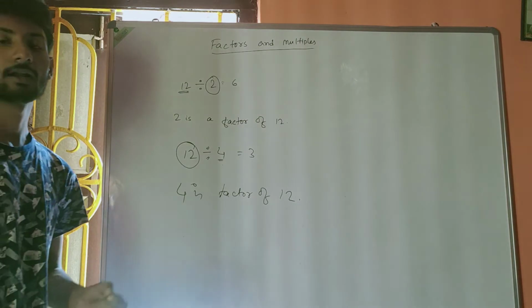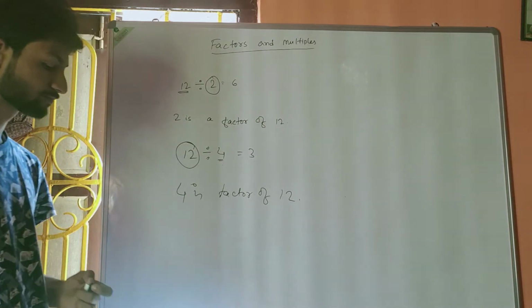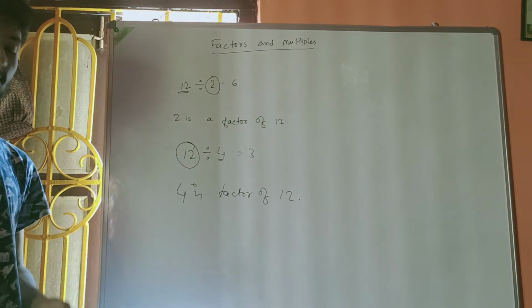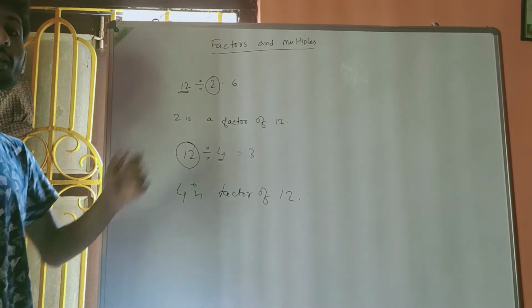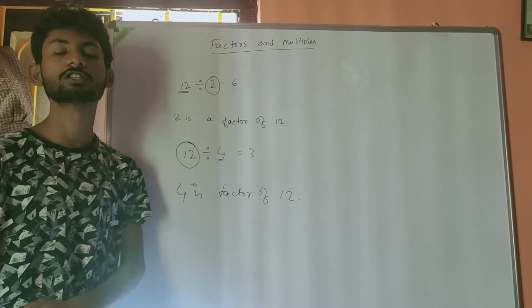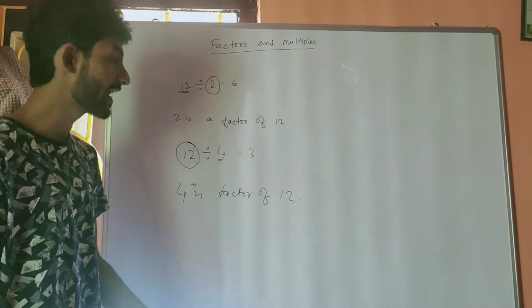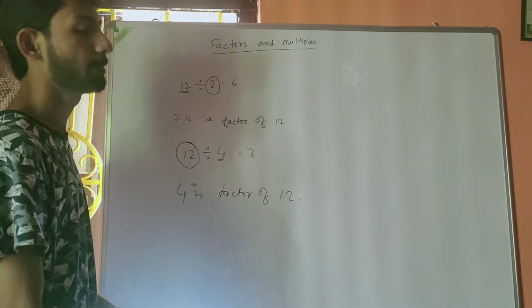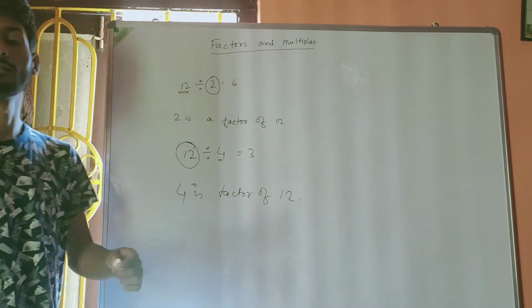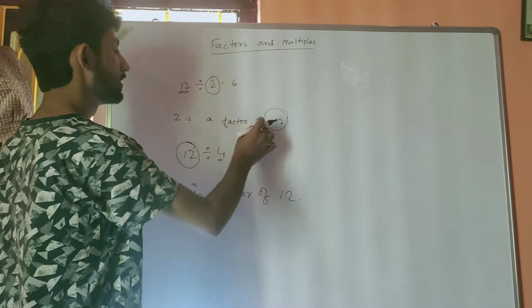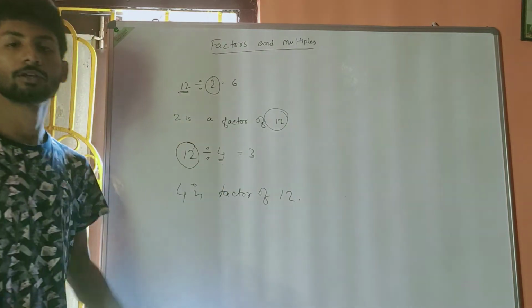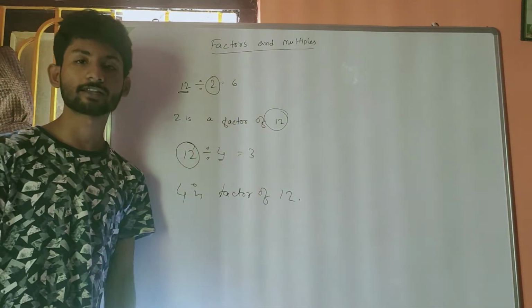The number which divides the given number exactly is called a factor of the given number. The given number was 12, so 2 divides 12, so 2 here is a factor.